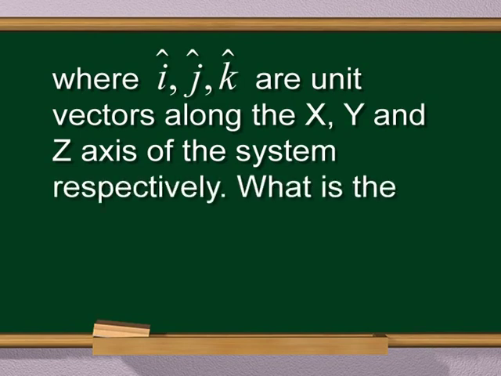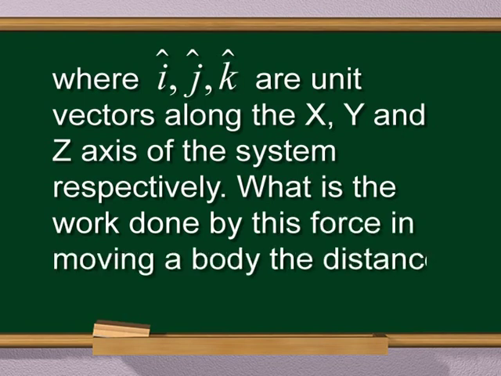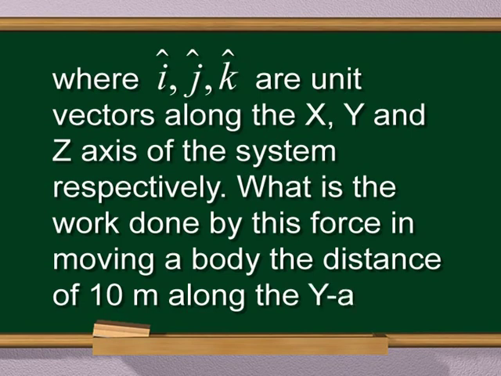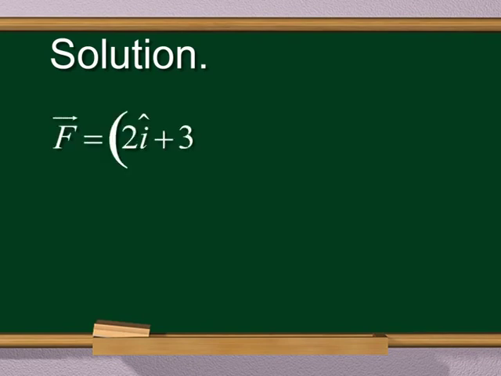What is the work done by this force in moving the body a distance of 10 meter along the y-axis? Here the applied force is vector F equal to 2I cap plus 3J cap plus 5K cap Newton.